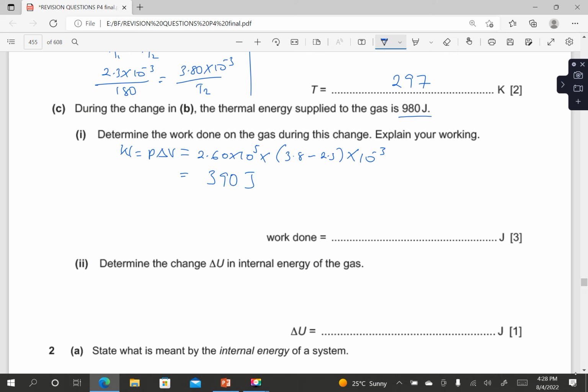But remember, the final volume is greater than the initial volume. That means the gas was expanding, and if the gas is expanding, then this is going to be negative. It must be negative because the volume of the gas increases.